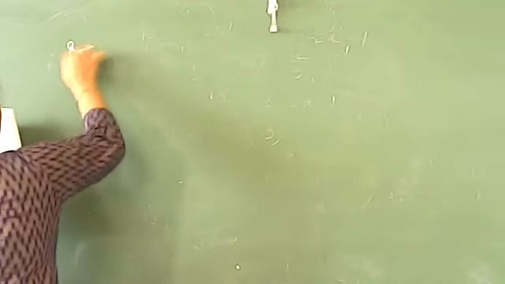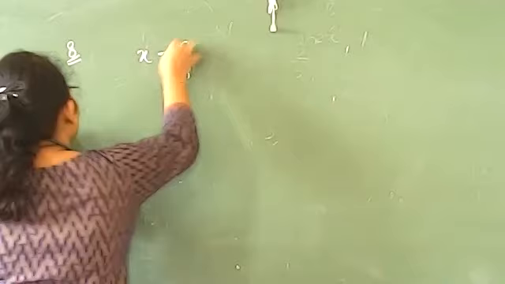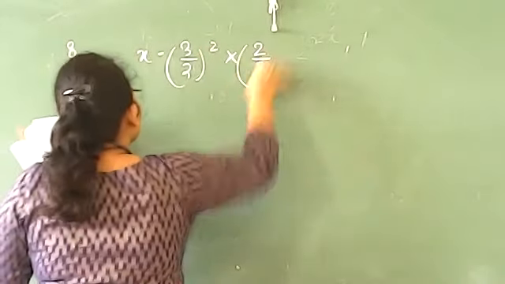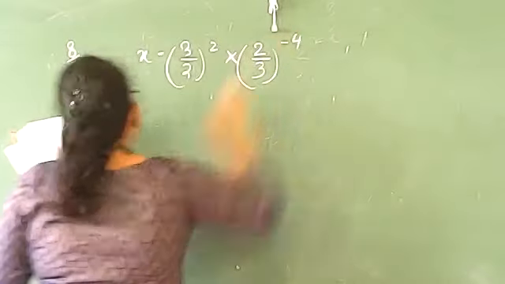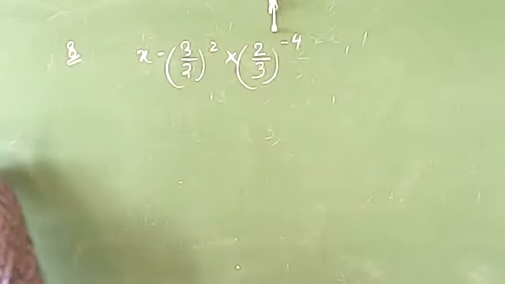Now this is again a question related to finding the value of x. Question number 8: x is equal to (3/2)^2 into (2/3)^-4. Now here we want the value of x to the power -2.